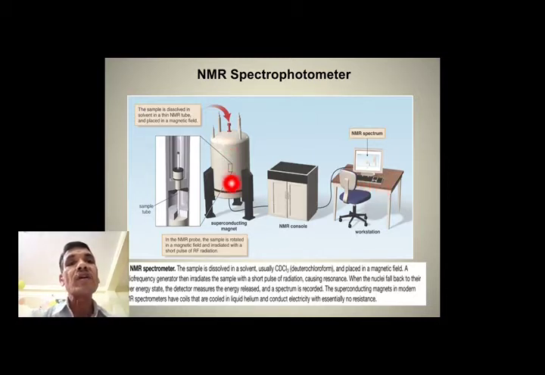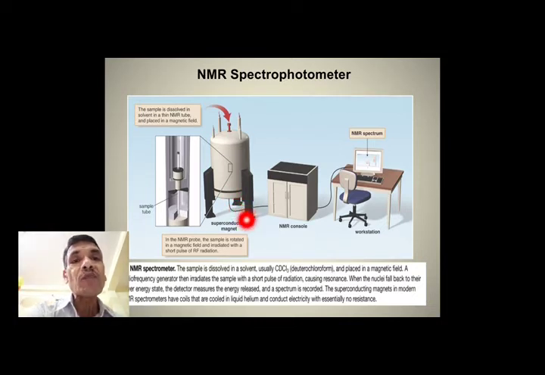Here the sample cell, in which the compound under study is filled, is kept in this cylinder or chamber, which is under the influence of a strong externally applied magnetic field. This is a superconducting magnet.